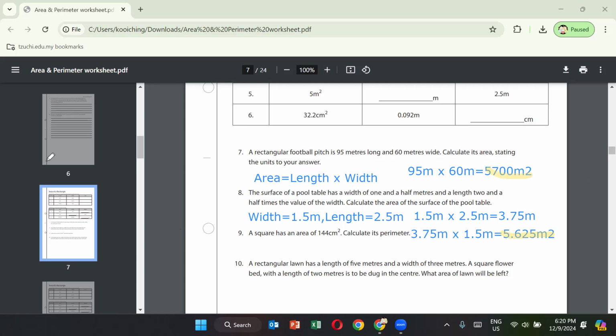I would start by putting 144. Oh wait, sorry. So the calculation would be area equals the side squared.